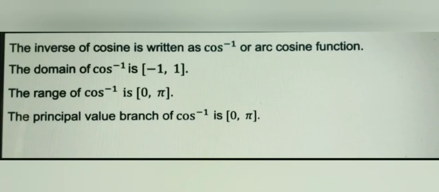The domain of cos inverse is the closed interval from -1, 1. The range of cos inverse is the closed interval from 0 to pi. And remember, the principal value branch of cos inverse is from 0 to pi, closed interval.